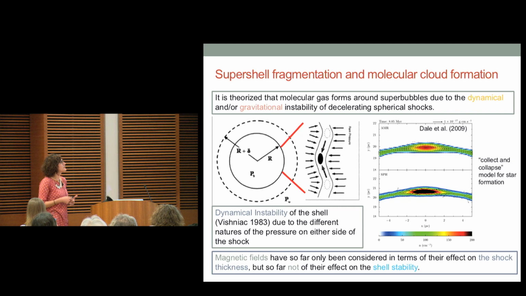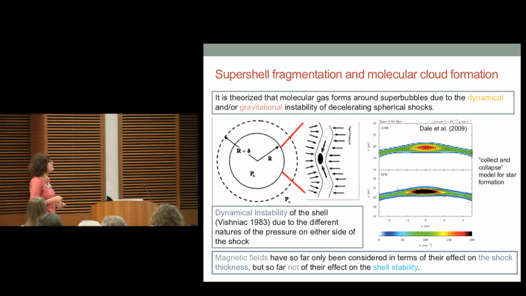Yes. So this can come from a variety of dynamical instabilities. The most well-known was the one proven by Vishniac in 1983, that if you have a decelerating shell, a ripple on the shell will tend to grow because of, well, for a hard equation of state, the different sources of pressure on the inside and outside. So the material will tend to focus on the tip of the ripple, and the tip of the ripple will tend to grow.